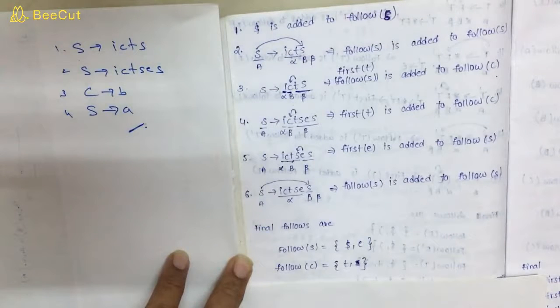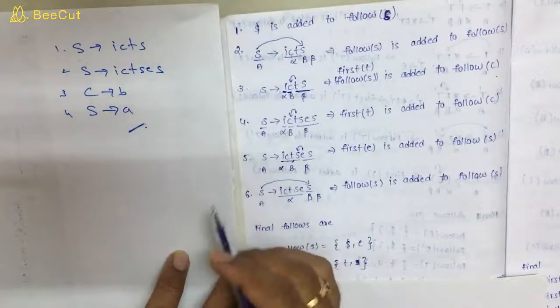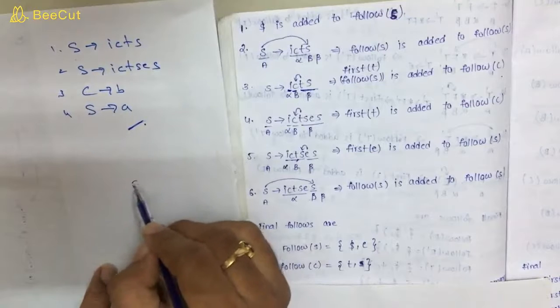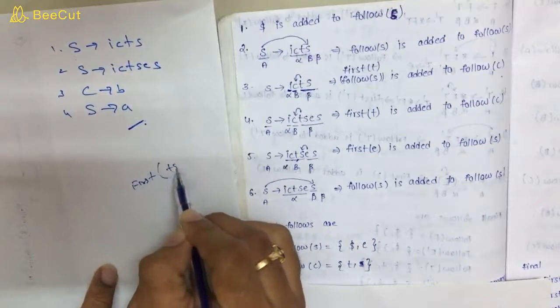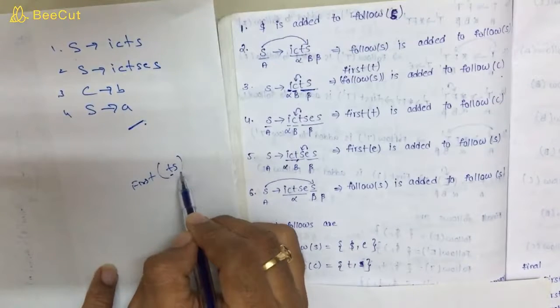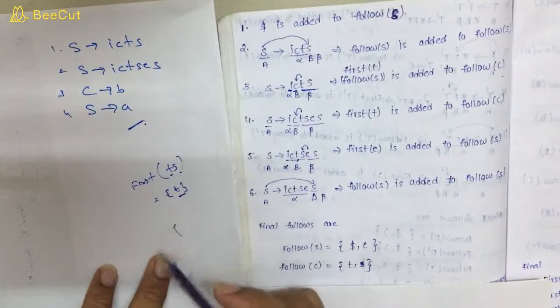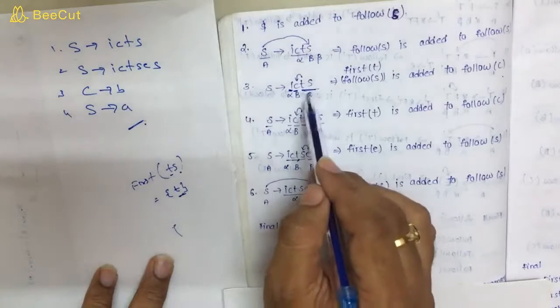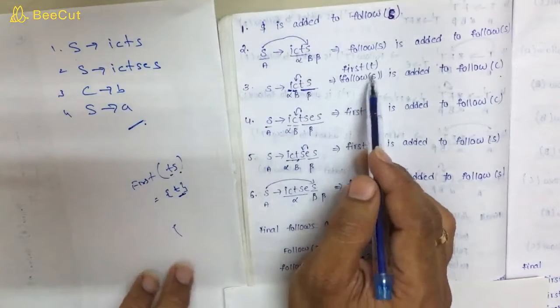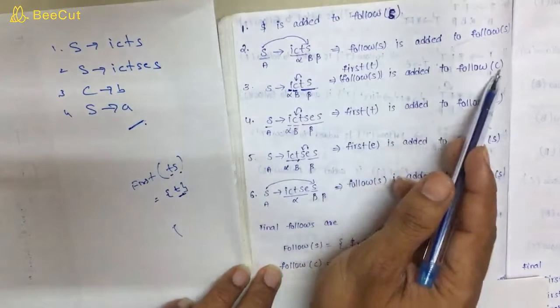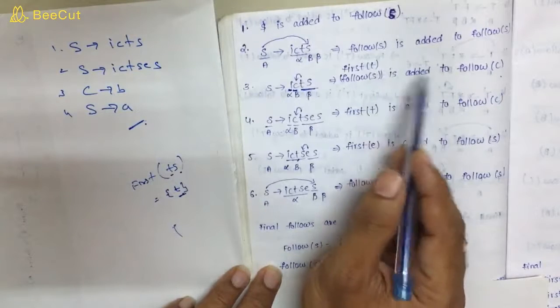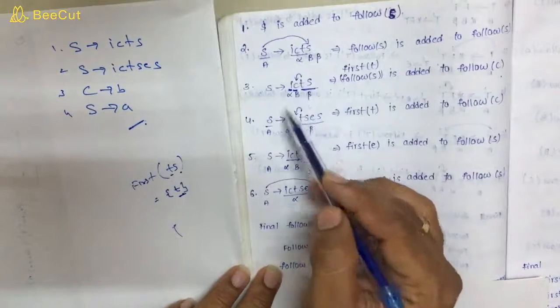Beta is not an epsilon, so find the first of beta, that is the first of TS, a terminal followed by a non-terminal. So we take the terminal T. This first of TS is added to the follow of C. First of TS means only the T symbol is added to the follow of C.